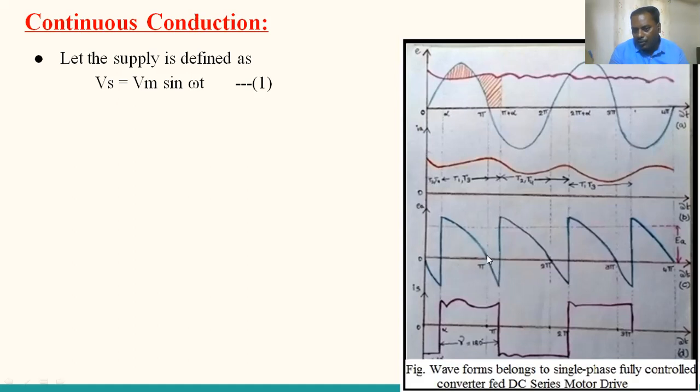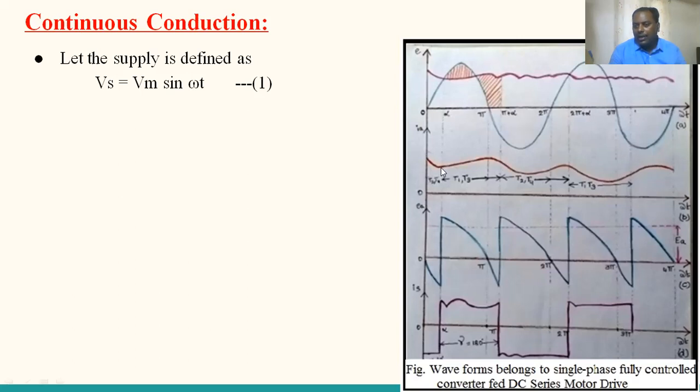This is the reversal of power flow from pi to pi plus alpha. At the instant of pi plus alpha, the next set of thyristors, T2 and T4, will come into conduction.